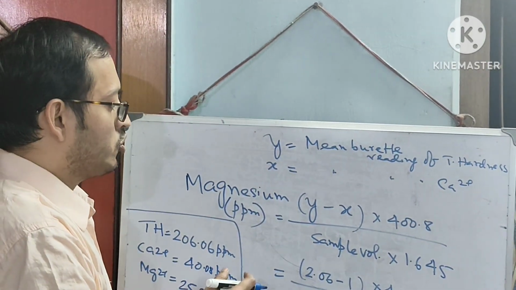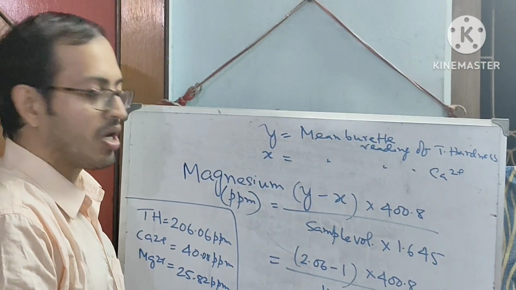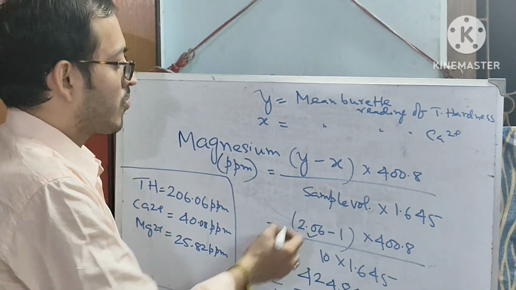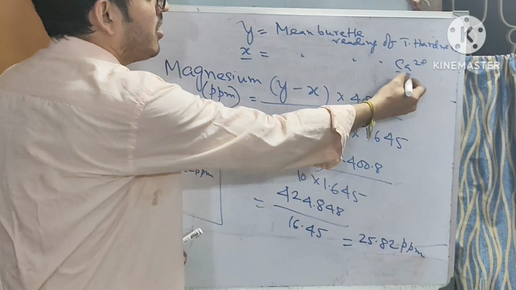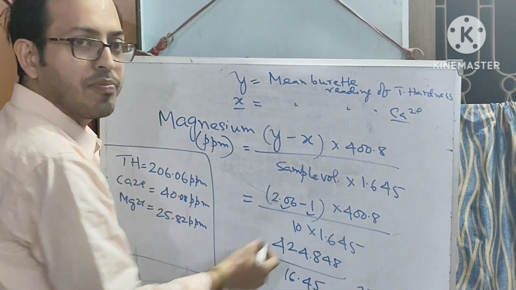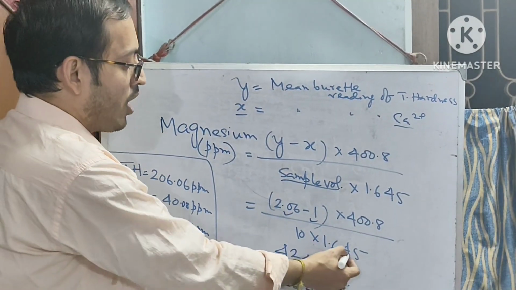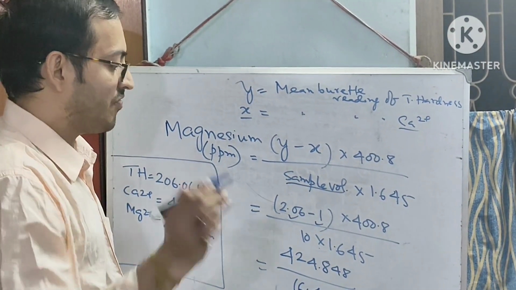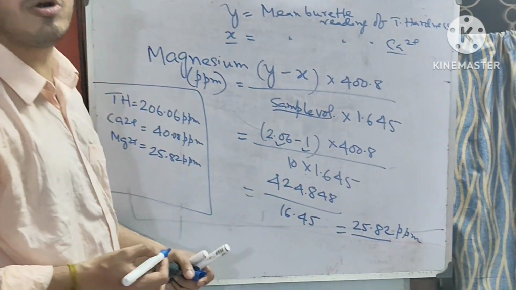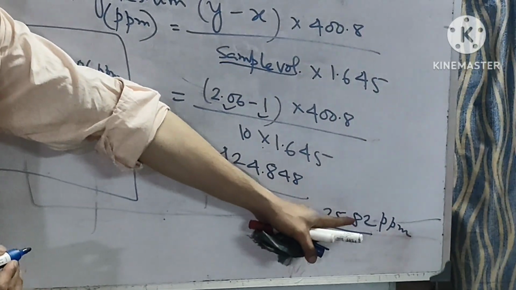Okay, so our mean burette reading of total hardness was 2.06. I put it here, and mean burette reading for calcium was 1, into 400.8 divided by sample volume 10 into 1.645. This is the factor. So after calculating this, we will find that the amount of magnesium is 25.82 ppm.